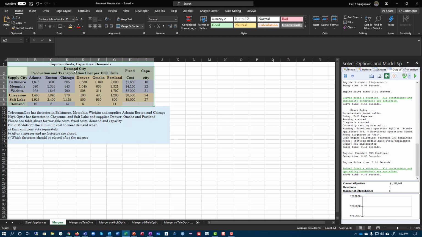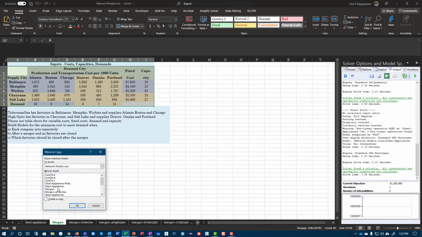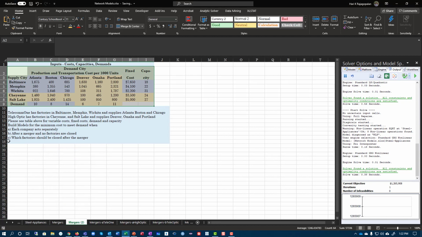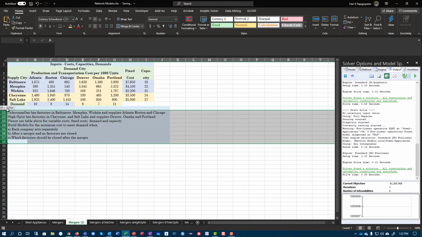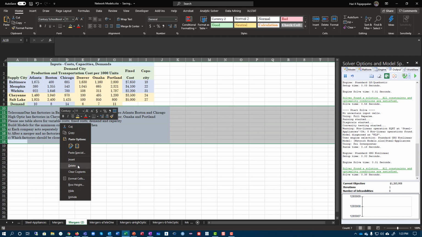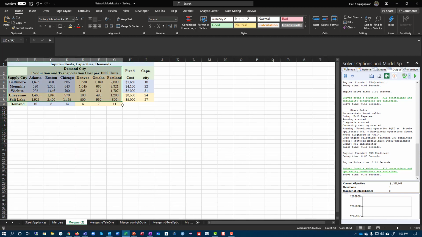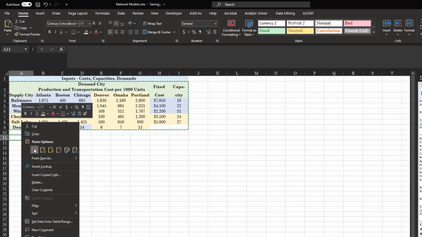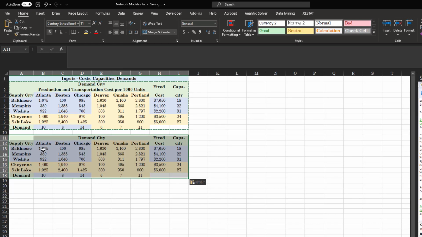We just copy this whole thing into a new sheet, just like we did the last time. Create a copy. We can delete these, and we just copy this whole thing again. Remember, this is a transportation problem with fixed cost, right? You can go ahead and delete this.